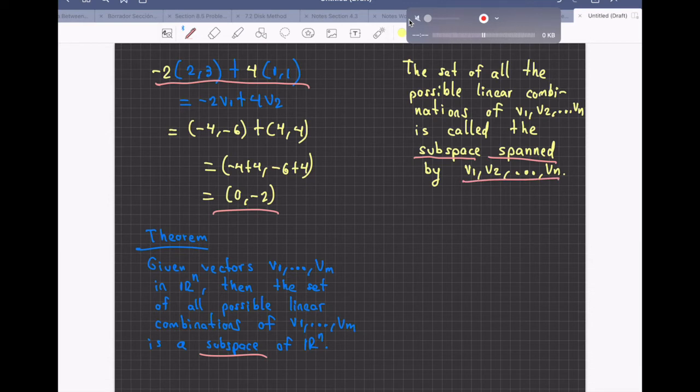It is denoted by SP of B1, B2 up to Bn, or SP of S if S is that set, B1, B2 up to Bn.